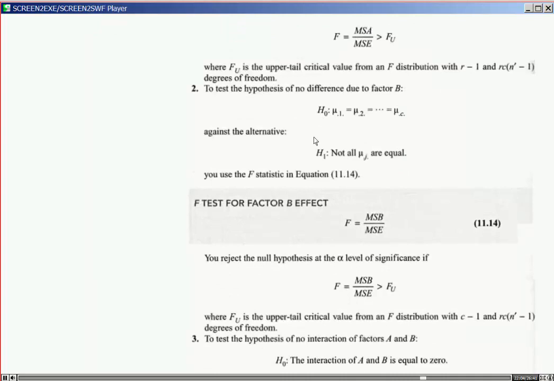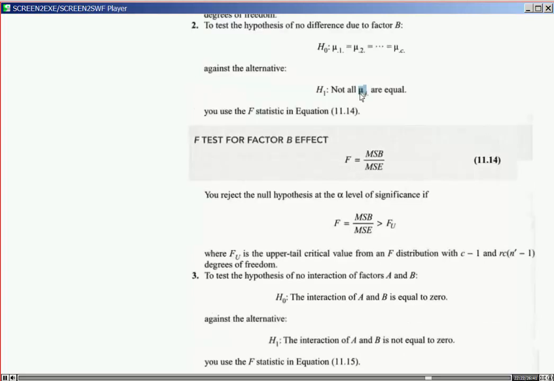Second step, to test the hypothesis of no difference due to factor B. Exactly the same. The null is that the means are all equal; factor B is not working. The alternative is that it is working, because it causes the mu's to become different, not equal.